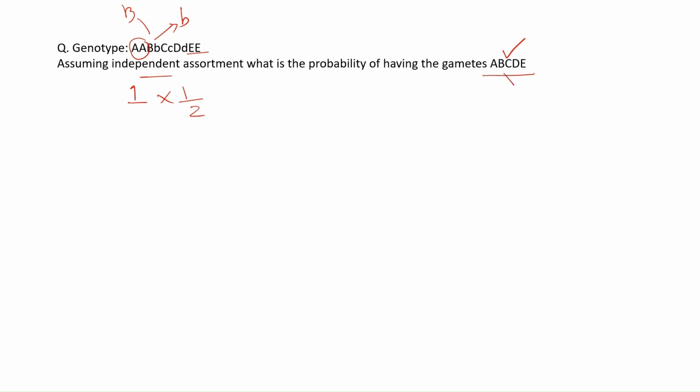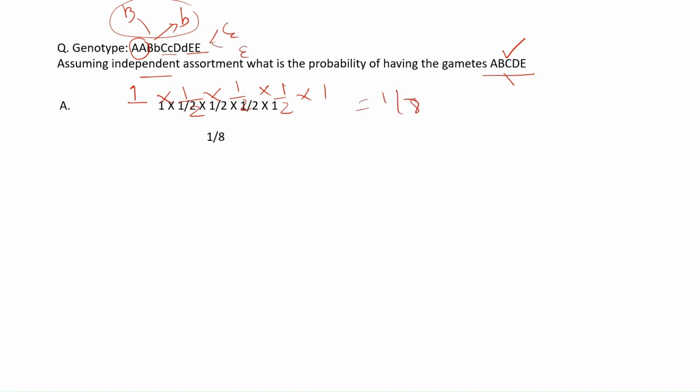Our favorable outcome is capital B, and the total number of outcomes is 2. So 1 by 2. Similarly, for capital C, small c it will be 1 by 2. Capital D, small d, 1 by 2. Capital E, only 1, because both the gametes will be E. So now it is 1 by 8.